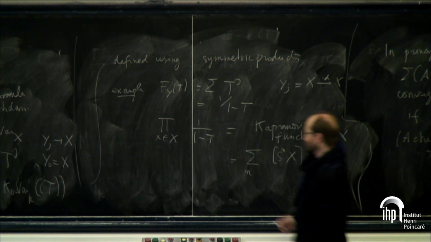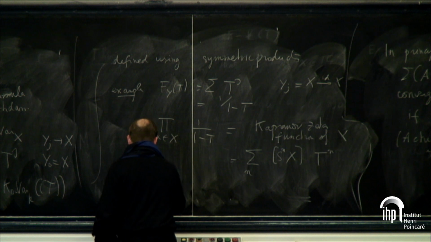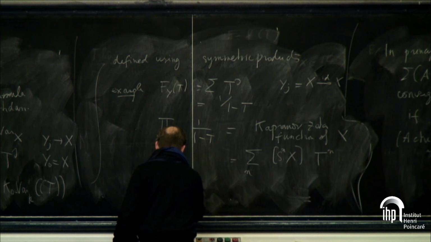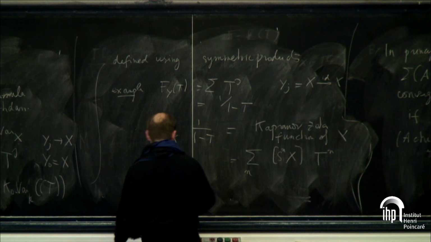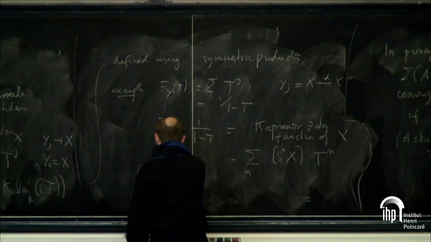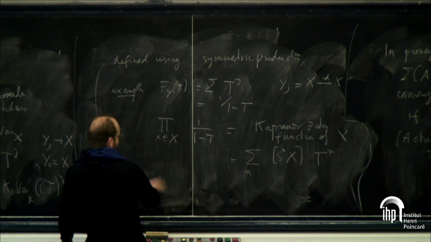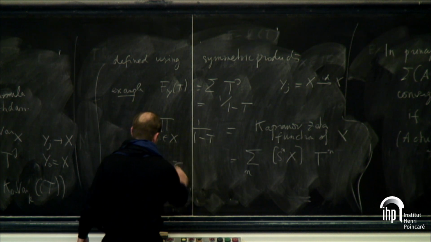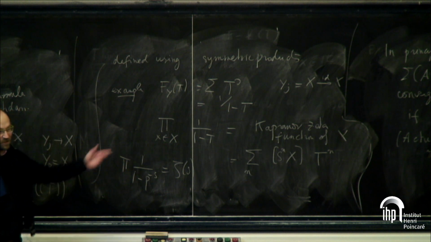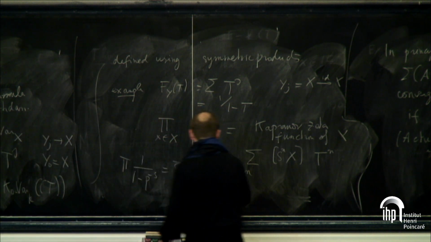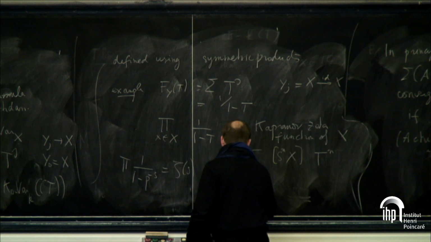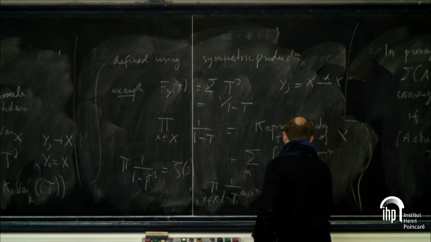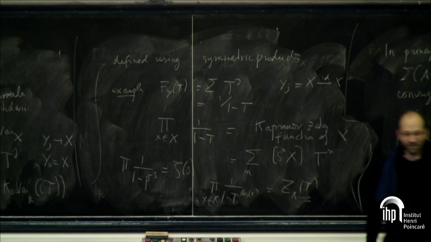And it's a formula reminiscent of the formula for the Riemann zeta function as an Euler product, a product of 1 minus t to the degree of x, which would be the zeta function of X in the case of finite fields.